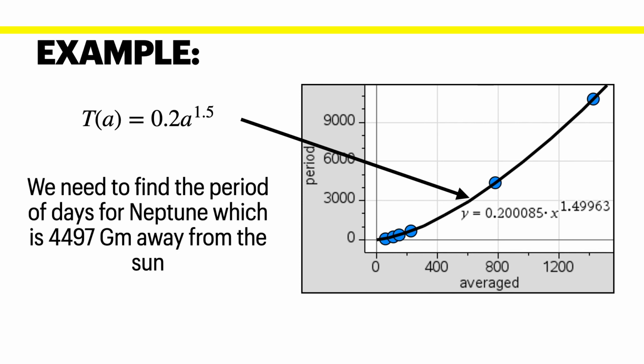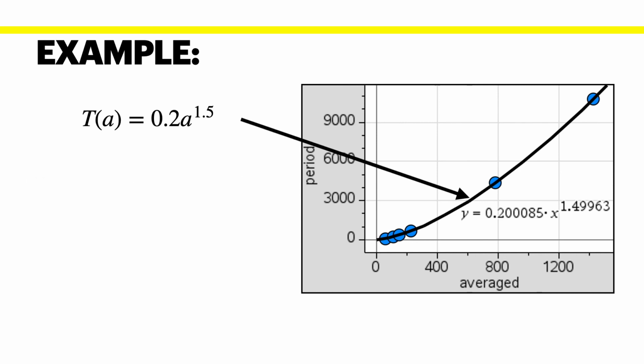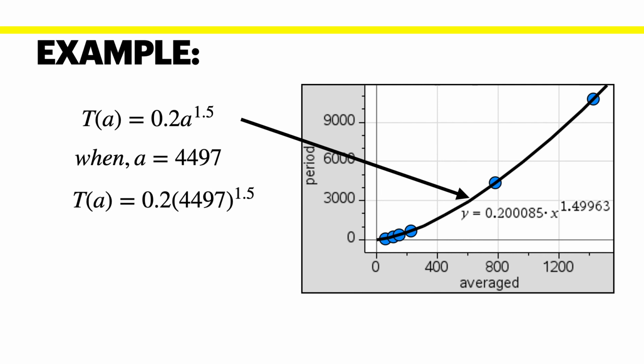So let's answer the question. We need to find the period in days for Neptune, which is 4497 gigameters away from the sun. It's a long distance. So let's put in the value. When your A is equal to 4497 gigameters, you plug that into your model. T of A is equal to 0.2 times 4497 raised to 3 over 2, or 1.5.